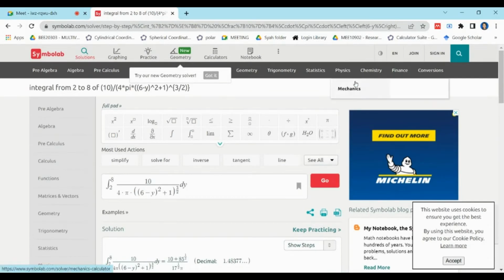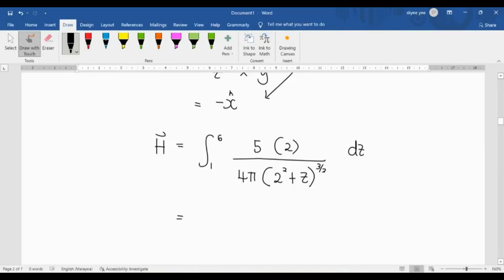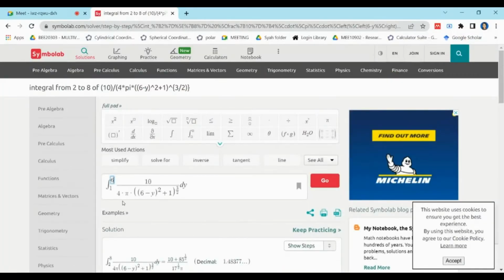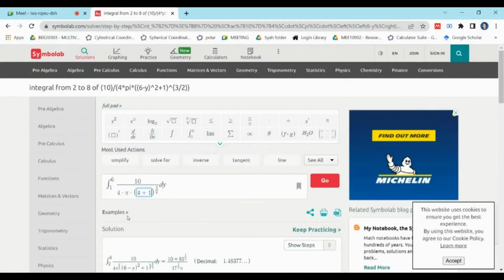This is symbolic. I think you have explored this before in the previous semester. So you can change this to 6. So this is 5 over 4 pi, 2 square will be 4, 4 plus z, so you can change this to z.